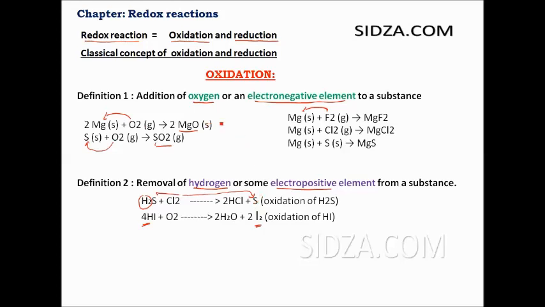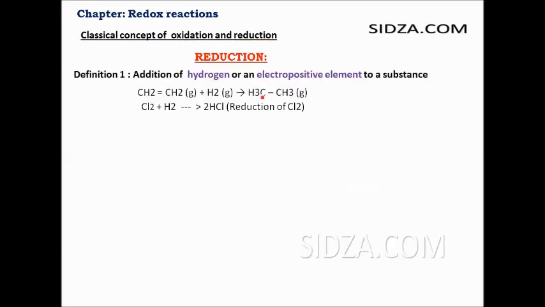So oxidation is addition of oxygen or any other electronegative element, or the removal of hydrogen or any electropositive element. Now what about reduction? Reduction is actually the opposite of oxidation.